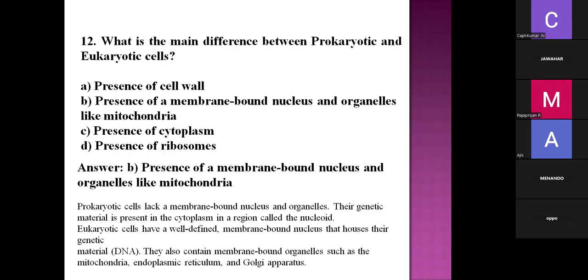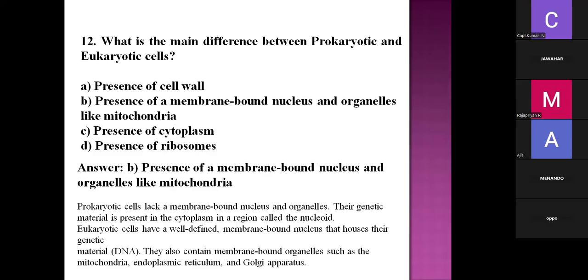The presence of organelles in eukaryotic cells allows them to carry out specialized functions, ensuring higher levels of cellular organization and complexity. Prokaryotic cells are generally smaller and simpler compared to eukaryotic cells, which are larger and more complex. Examples of prokaryotic cells include bacteria and archaea, while eukaryotic cells are found in plants, animals, and fungi.